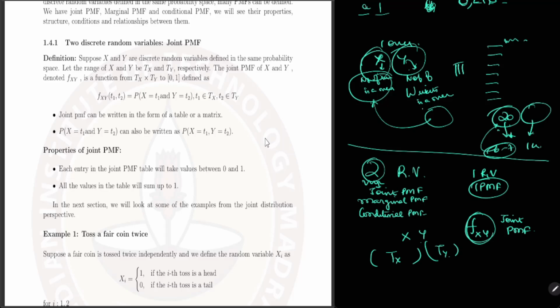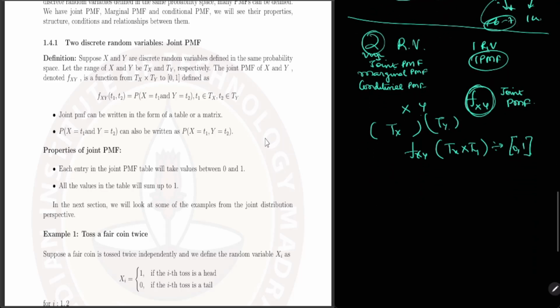This function fxy is defined from Tx times Ty to 0, 1. Tx times Ty is the domain, and 0 to 1 is the codomain.